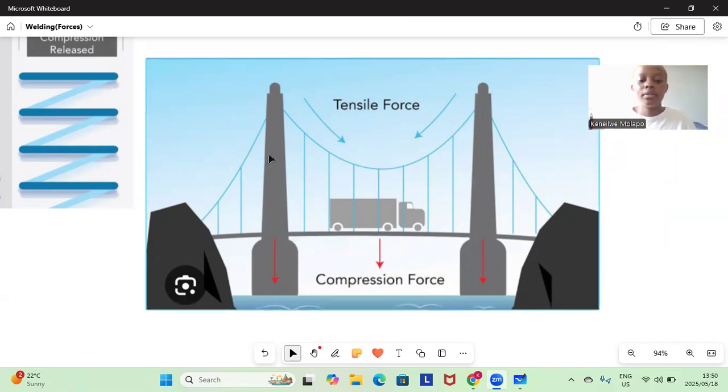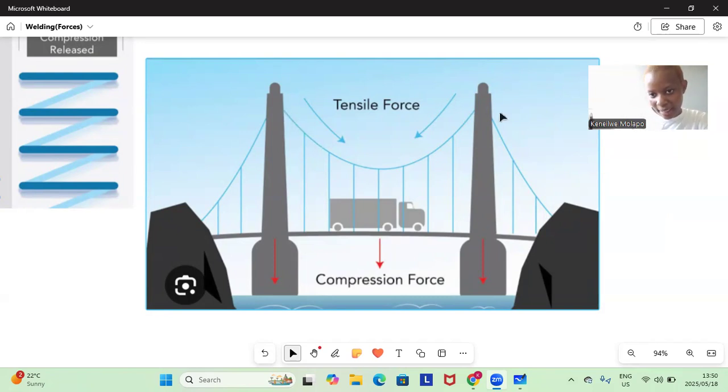So again, you have a tensile force. The bridge cables pull the surface of the bridge so that the bridge can be balanced. When they pull, it is a pulling force that is at work.